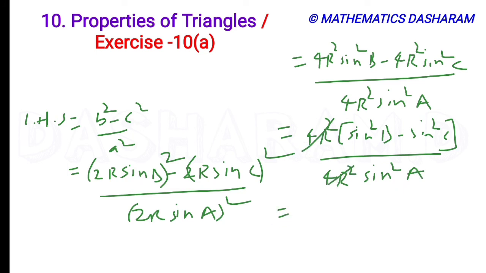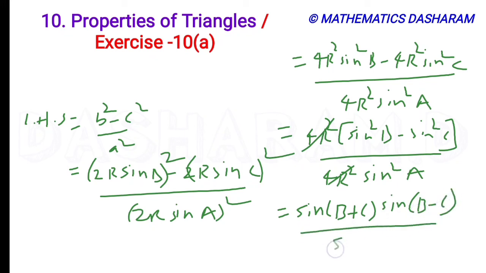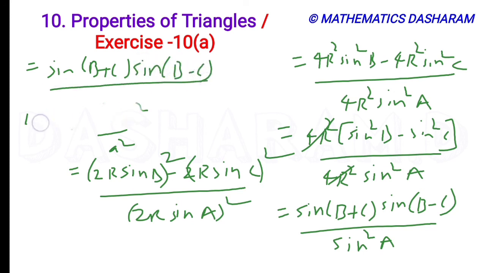Here the sin square b minus sin square c formula is sin (b plus c) into sin (b minus c), divided by sin square a. So it is equal to sin (b plus c) into sin (b minus c) divided by sin square a. The angle sum property is a plus b plus c equals pi. So at the place of a we can write pi minus (b plus c), because the sum of the three angles in a triangle is 180 degrees.